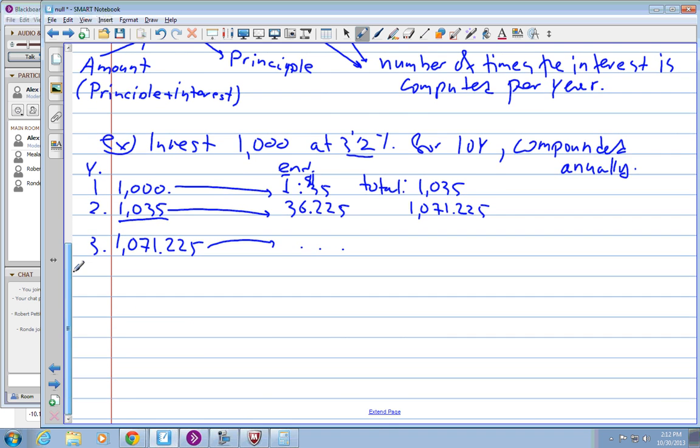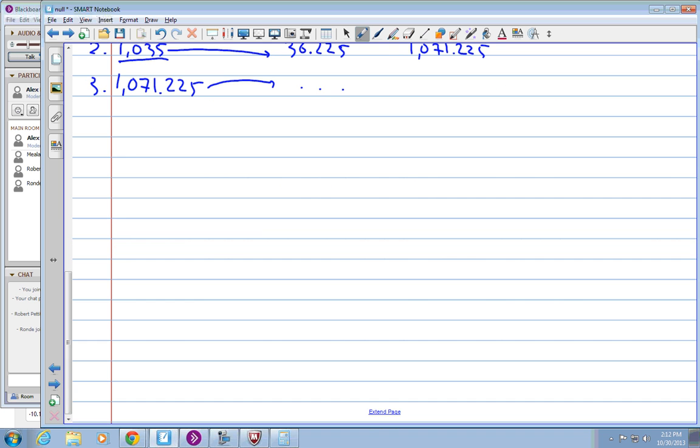Okay, but if I do it annually, let me just show you with this formula. In the formula, A equals P times (1 plus R over N) to the power of Tn. And if I say it's annually, that implies that N equals 1. We only compound interest once per year.